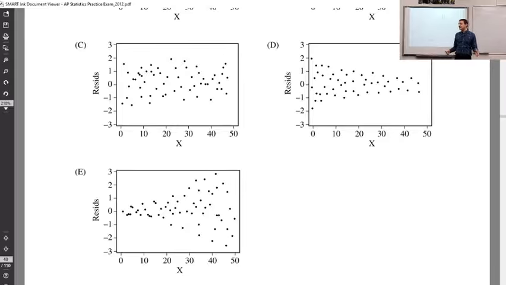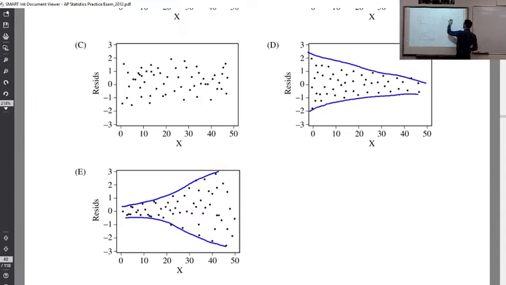The idea that as I move from left to right across my line of best fit, the points should vary away from the line about the same amount. Right? My range of values starts to widen here and get a whole lot wider. The range of values starts to narrow and get a whole lot smaller here. So the variance, the amount that the points are spread out from the line, is not the same as I move from left to right.